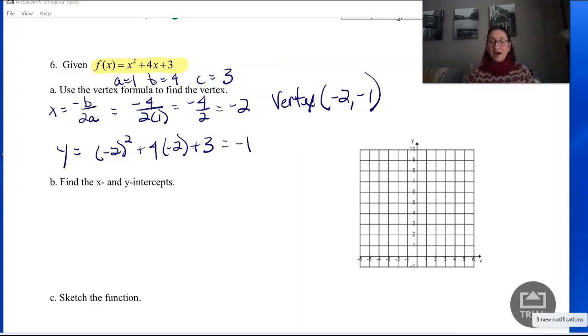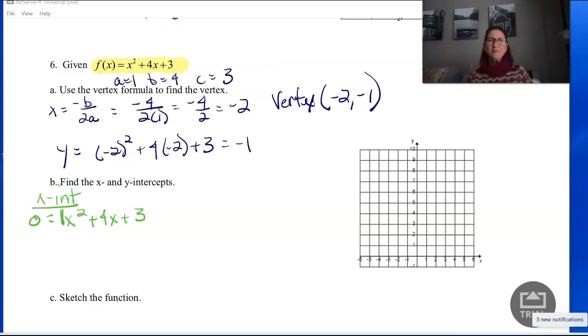All right, let's find our x-intercept. So if I set my original function equal to 0, I just factor. And because there's a 1 as my leading coefficient, super easy to factor.